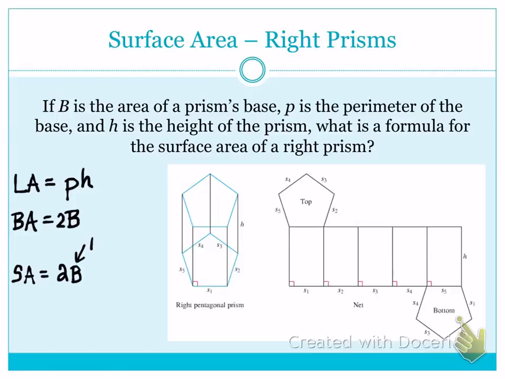This is the area of a base. And we add to that the perimeter of the base times the height of the prism. So this P is the perimeter of the base, and the H is the height of the prism.